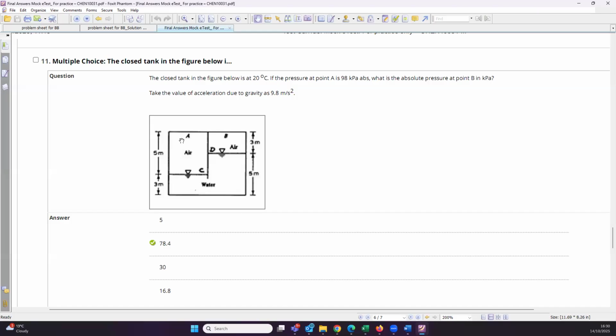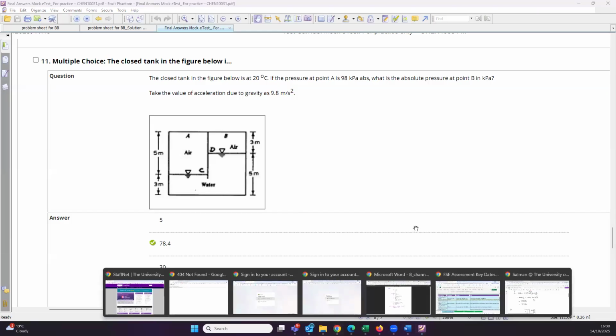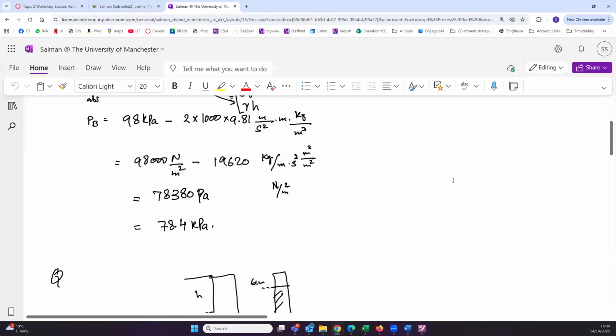So where can I draw it here? If I go here and try to explain this, look, this is one container.